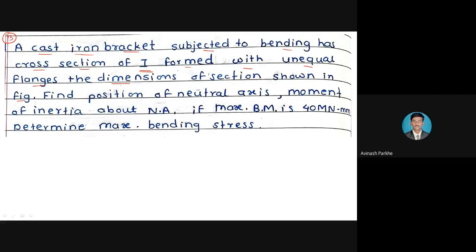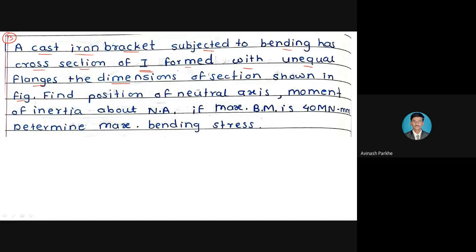So whatever the I section is there, that I section is having unequal flanges. Tell me whether that I section is the symmetrical I section or unsymmetrical I section. Unsymmetrical, because the horizontal rectangle present at the top side is called the upper flange, the bottom horizontal rectangle is called the lower flange, and the vertical rectangle is called the web.